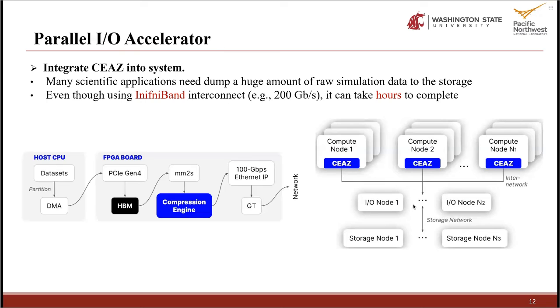There are two main scenarios to use CEAZ compressed data in the storage. The first one is checkpoint and restore. The second one is post analysis and visualization. Thus, there is no need to change the storage system to adopt our design.